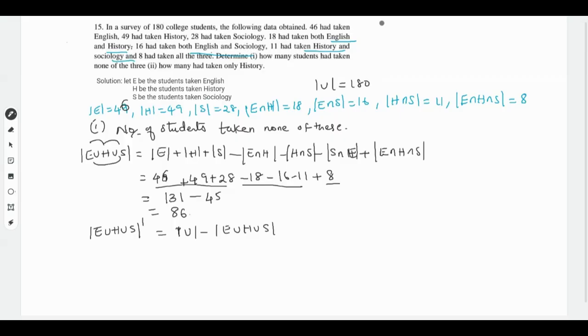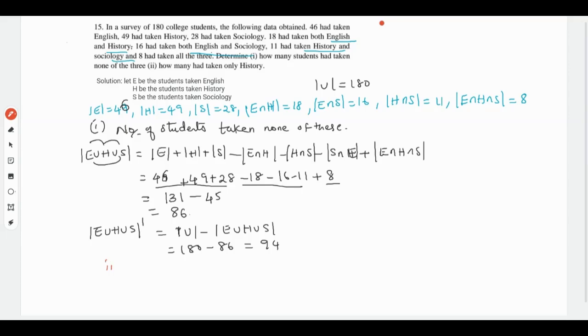So it will be 180 minus the answer we got, 86, which equals 94. So 94 students take none of these. Then next, they are taking the second question as the sub question.